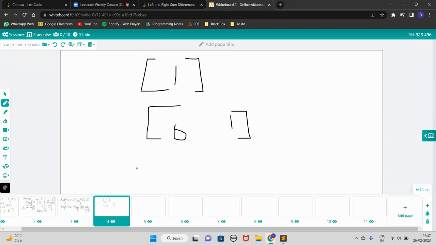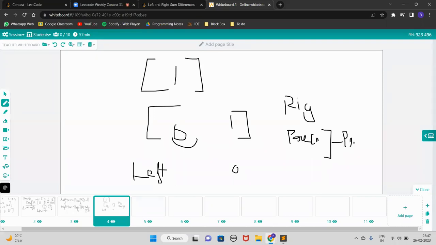The left sum of the value at index 1 would be equal to prefix of 0, which is 0, and the right sum would be equal to the prefix of n minus the prefix of I, which would again be 0. So the answer would come out to be 0.